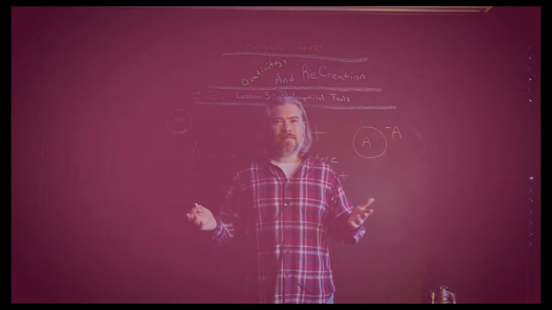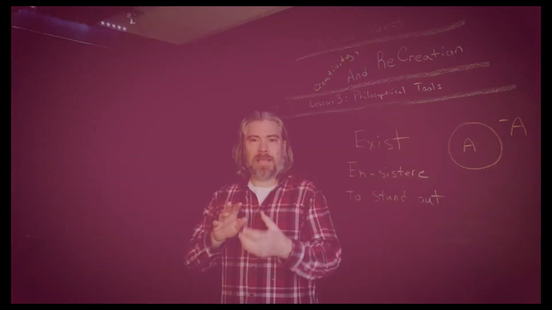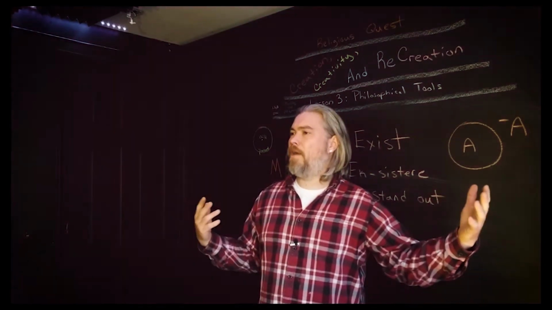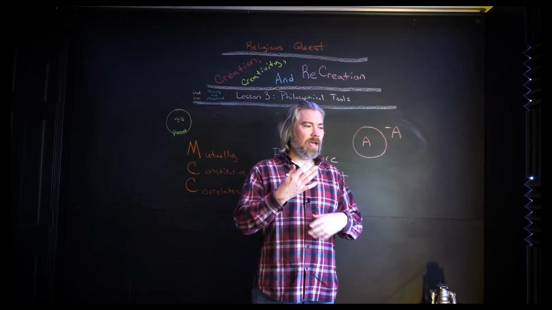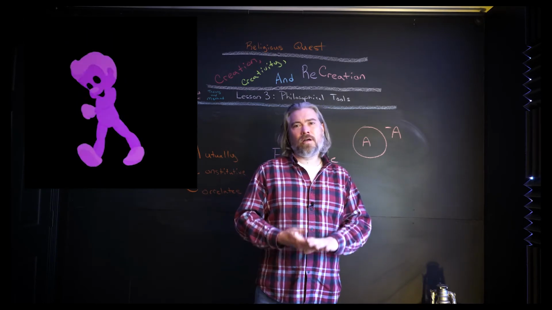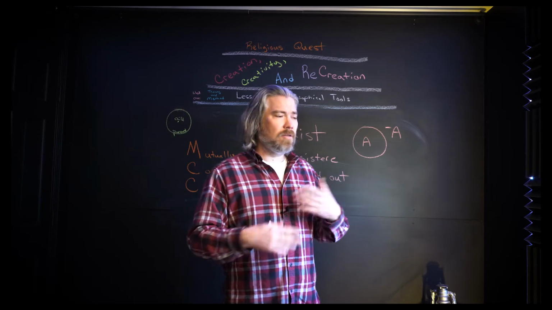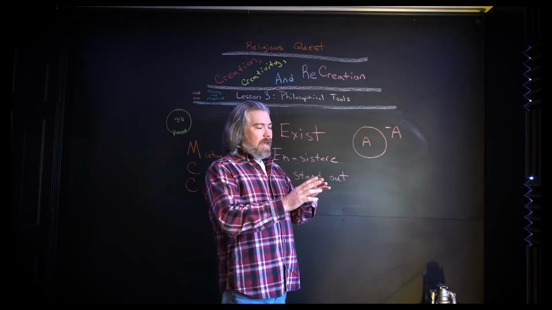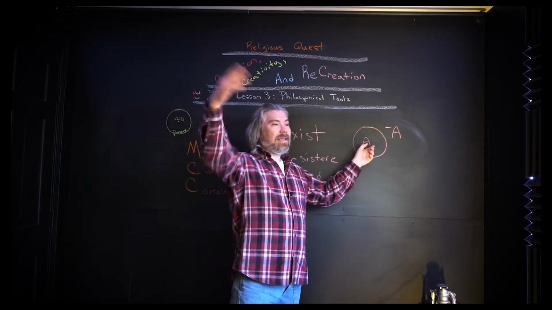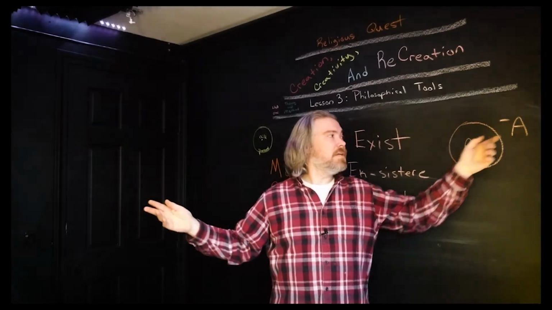Would it make any sense to say that all light is red? If all light is red, then no light is red, right? It only makes sense to say that red is red because it stands out from the other colors. Red only makes sense because it is not blue, not yellow, not orange, not indigo, not violet, not whatever, right? So red exists over and against its opposite, which is always going to be not red.